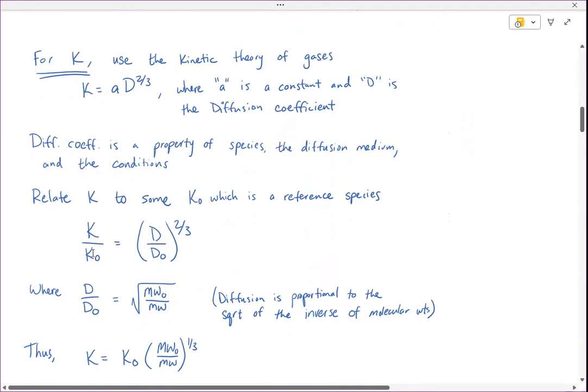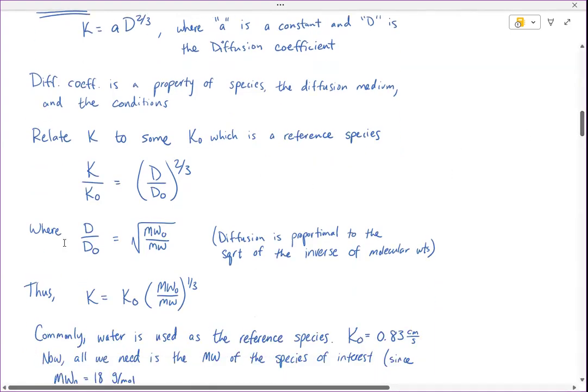So K over K naught is equal to D over D naught to the 2/3 power. All I've done here is replace K and D with the ratios K over K0 and D over D0. D over D0 is proportional to the inverse square root of the molecular weights. So I can substitute that and then rearrange to find K.